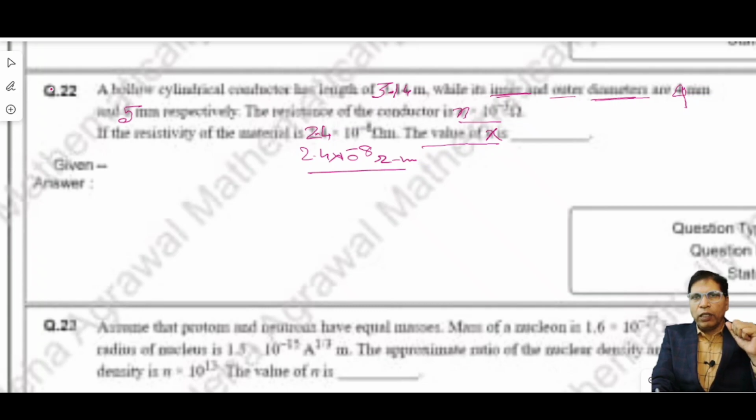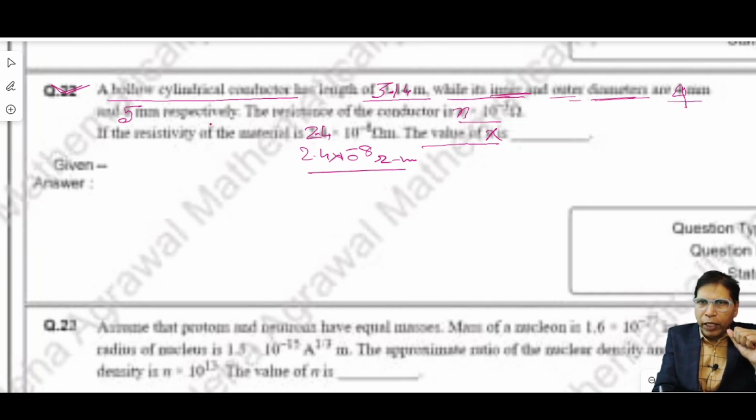Now, look at question number 22. A hollow cylindrical conductor has length 3.14 meter, while the inner and outer diameters are 4 millimeter and 5 millimeter respectively. The resistance of the conductor is N into 10 to the power minus 3 ohm.